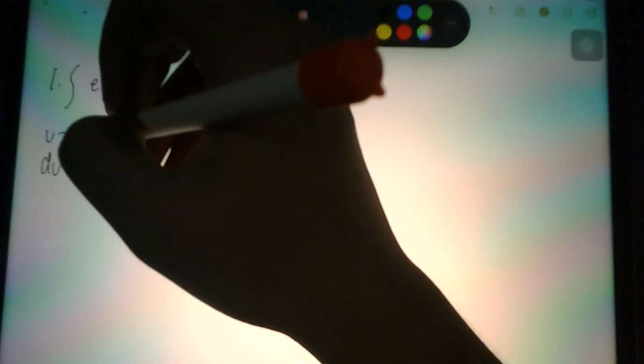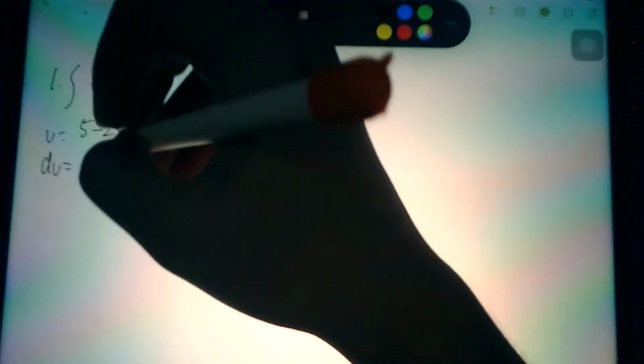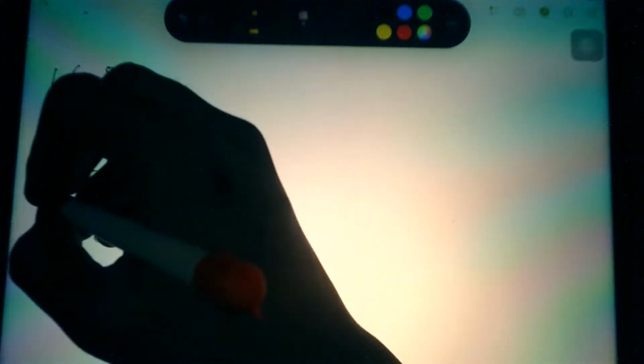So u here is our exponent, which is 5 minus 2x. du, the derivative of 5 minus 2x, is negative 2 dx.